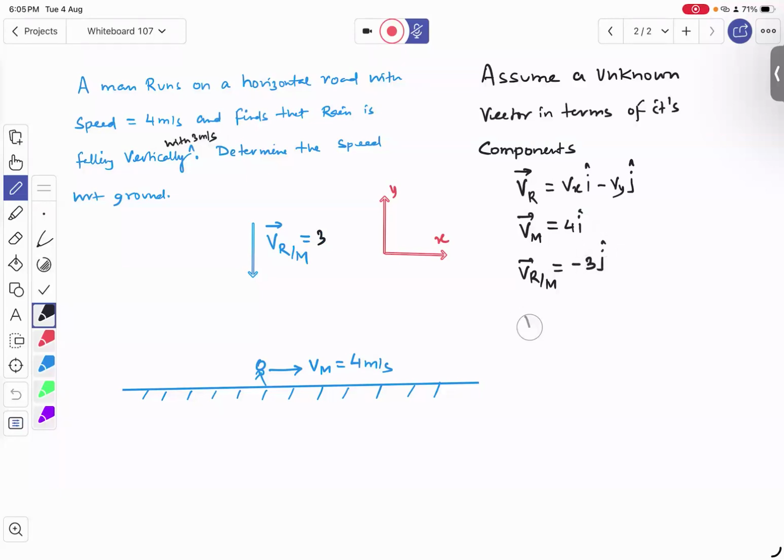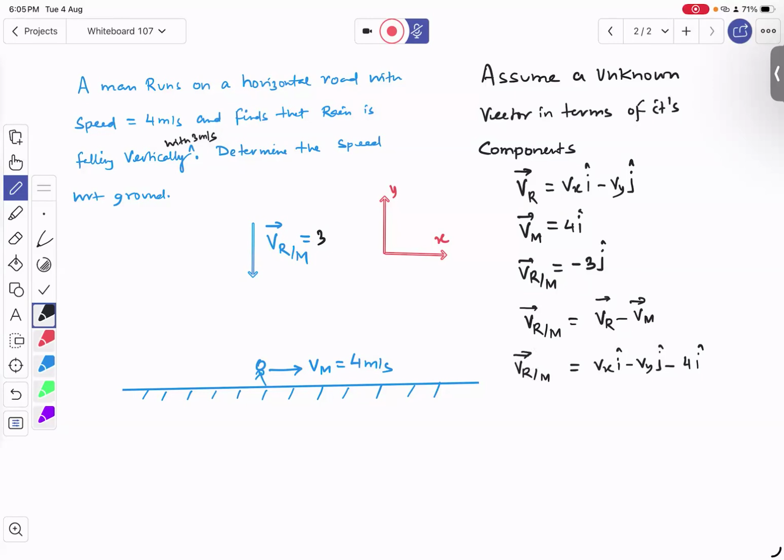We know that VRM will be VR minus VM. Correct? So what is VR? VR is Vx i cap minus Vy j cap. And what is VM? 4 i cap, so minus 4 i cap. So this is our VRM.